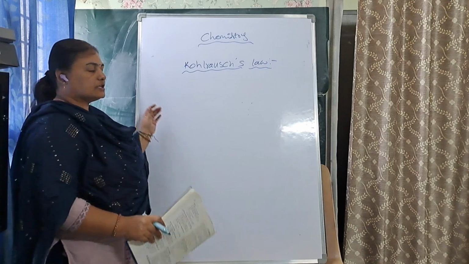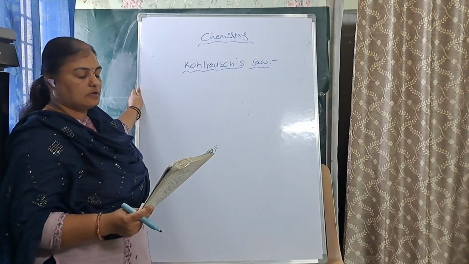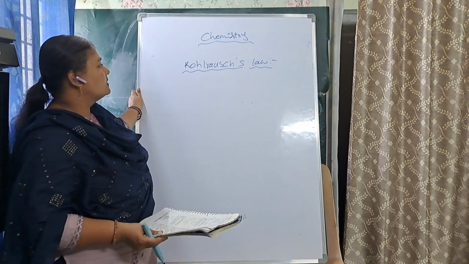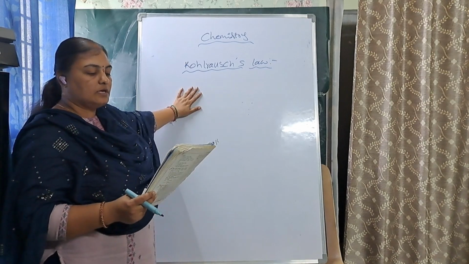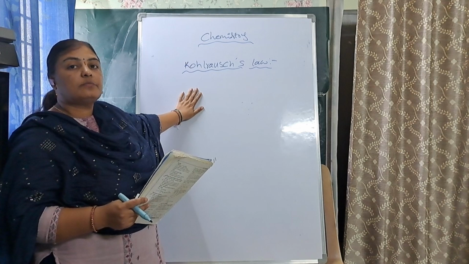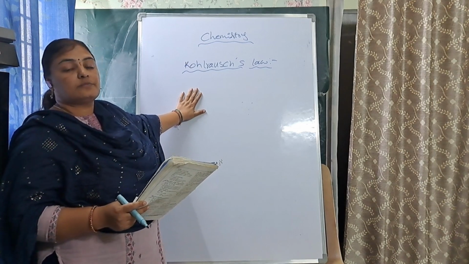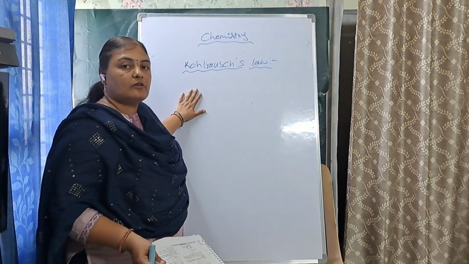Next long question in chemistry, same lesson, electrochemistry: Kohlrausch's law. This law tells us about the limiting molar conductivity of an electrolyte. What is the meaning of electrolyte? The substance which we take to do the process of electrolysis.